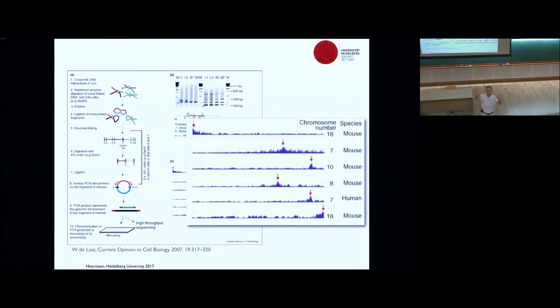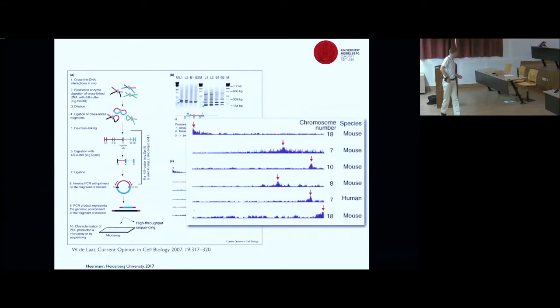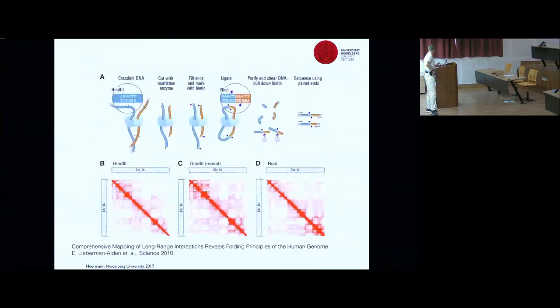You have these 2 points, and as soon as these 2 points touch, people ligate, they make this permanent, and then they do some fancy chemistry, cut the whole thing and unligate it, and then they find exactly which part of the chromosome was next to which other part of the chromosome. And what you get then essentially is this one here.